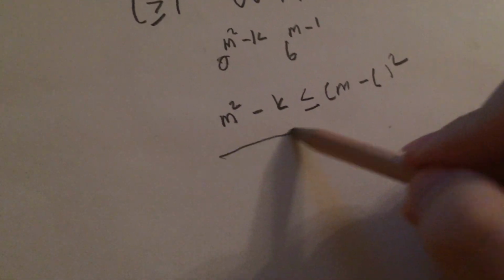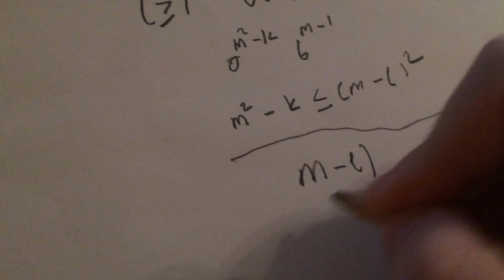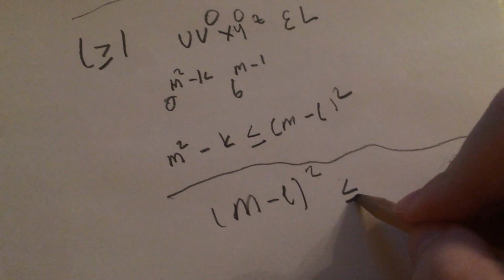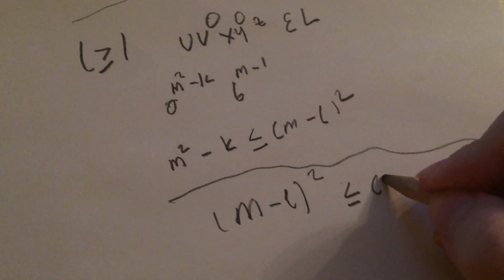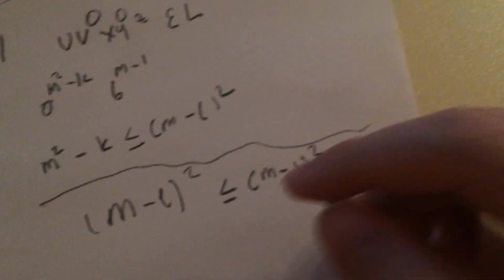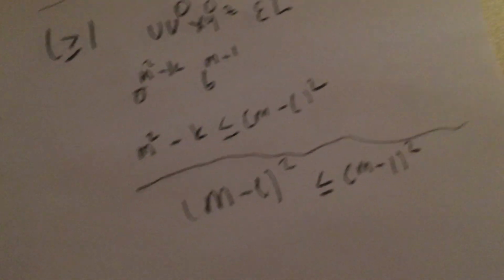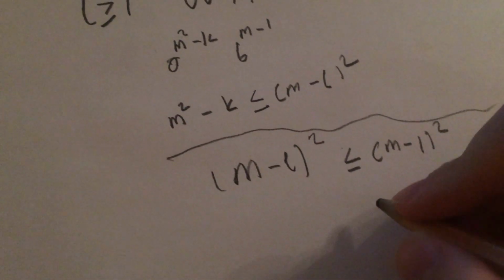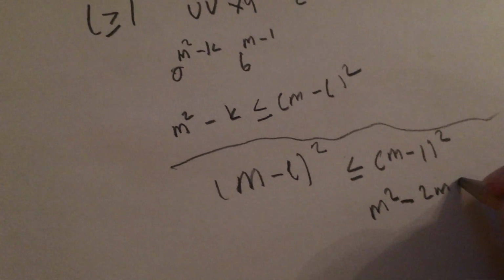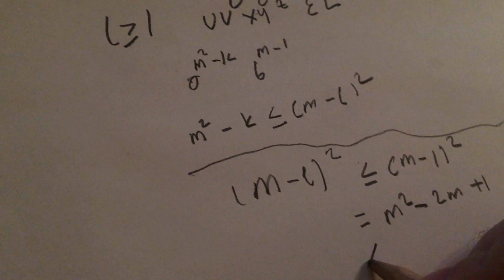Because (m − l)² is less than or equal to (m − 1)², because l is greater than or equal to 1, that means m² − 2m + 1 is greater than or equal to m² − k.